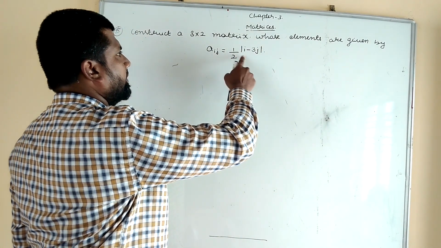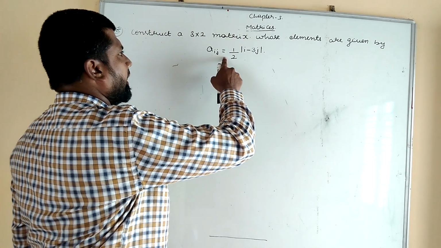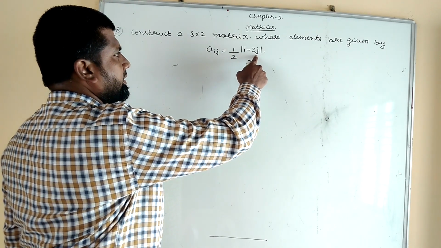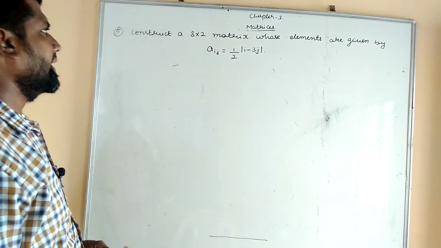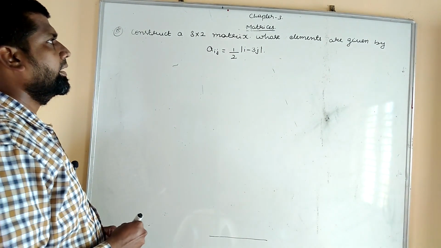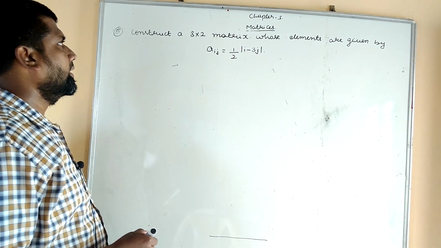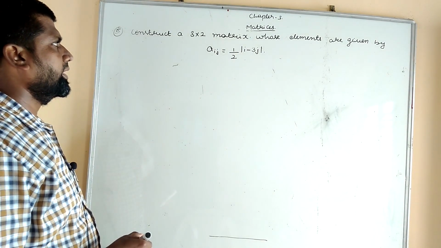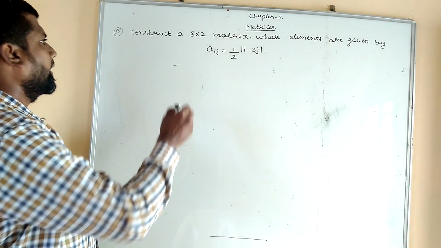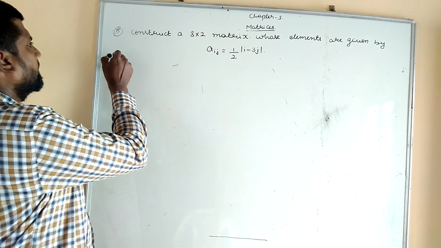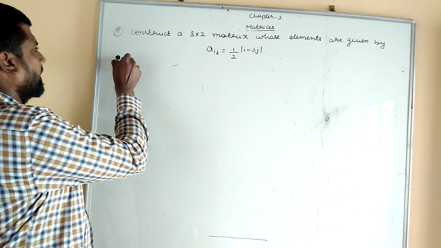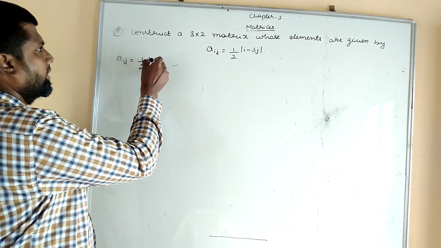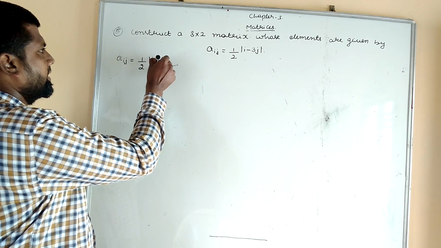He has given the elements in the aij. aij is equal to 1 by 2 modulus of i minus 3j. So we have to construct the 3 cross 2 matrix by using the aij term. So let us take aij is equal to 1 by 2 modulus of i minus 3j.